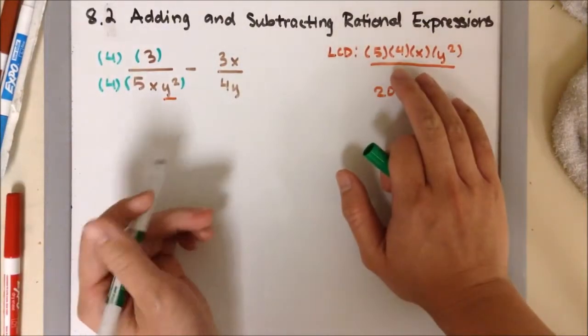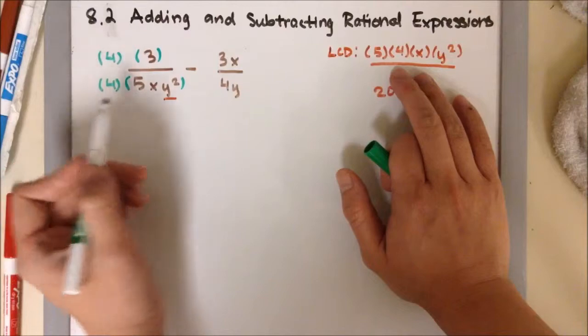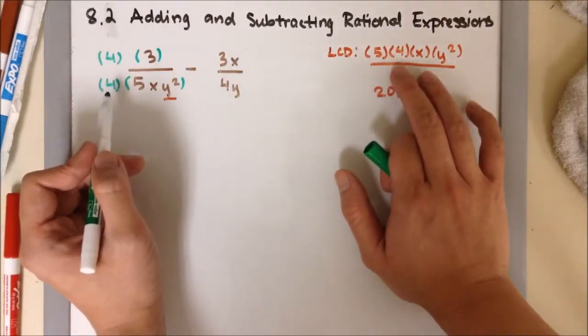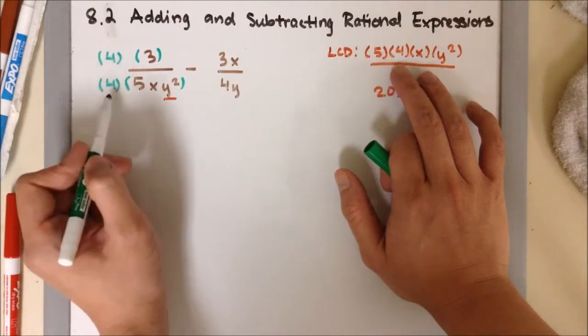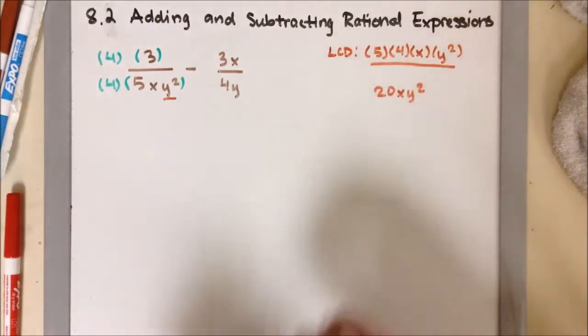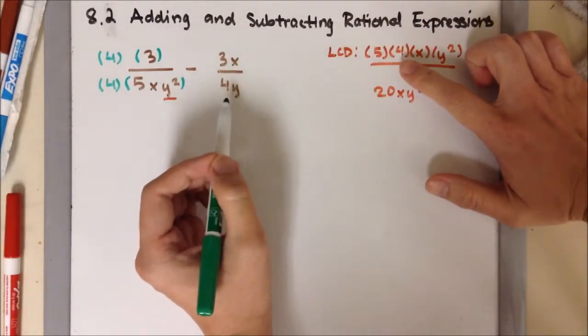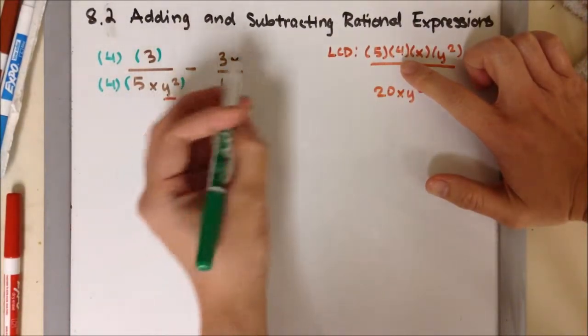So if I compare it to the LCD that I wrote the first time, it has a 5, the x and the y squared, just missing the 4, so I'm going to multiply the numerator and denominator by 4.